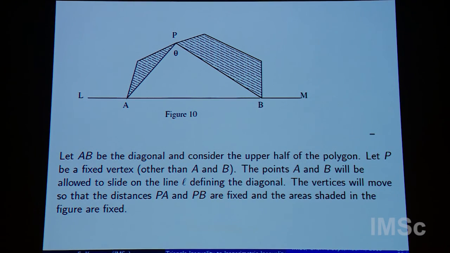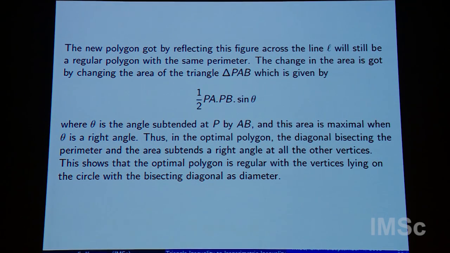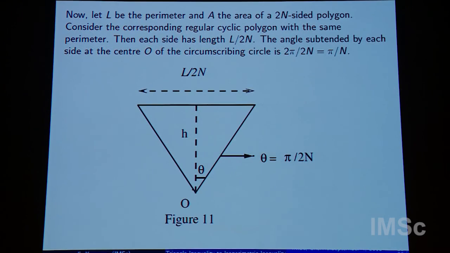So the optimal polygon has to be the regular polygon. So now we know, given any polygon of 2n sides, the optimal polygon is the regular polygon of the same perimeter, with vertices lying on a circle.